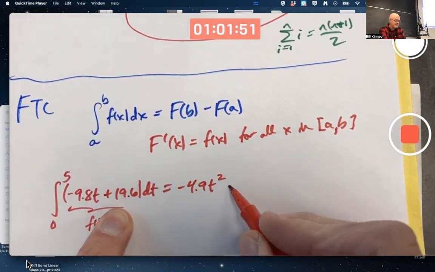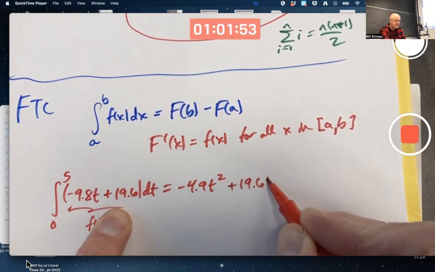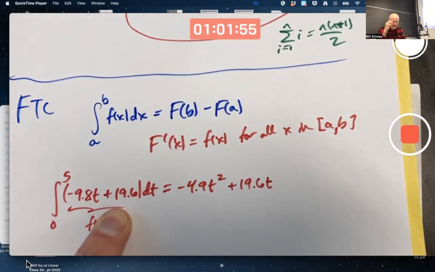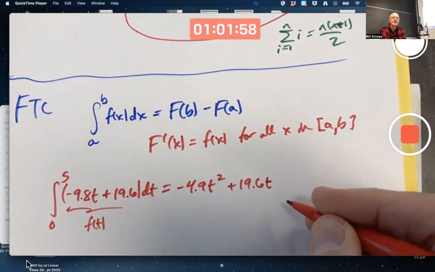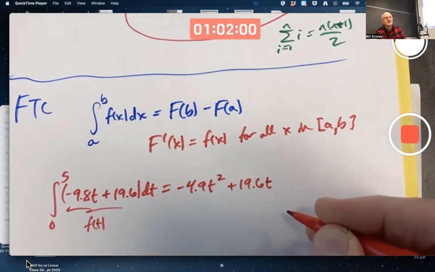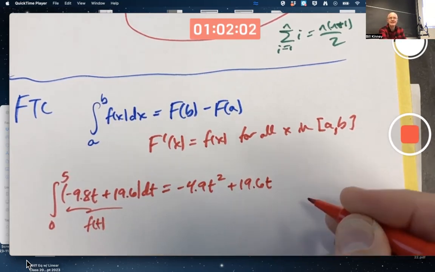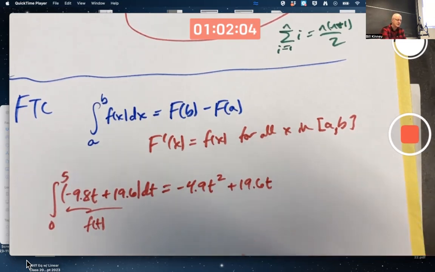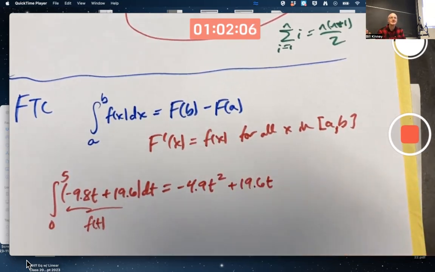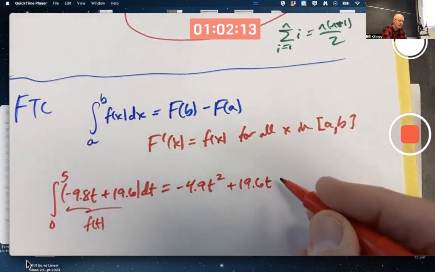Antiderivative of 19.6 is 19.6 times t. Do I need a plus c? No. It doesn't hurt. But if you include a plus c, when you do your subtraction, it'll cancel, because it'll be in both spots. So you might as well take c to be 0.